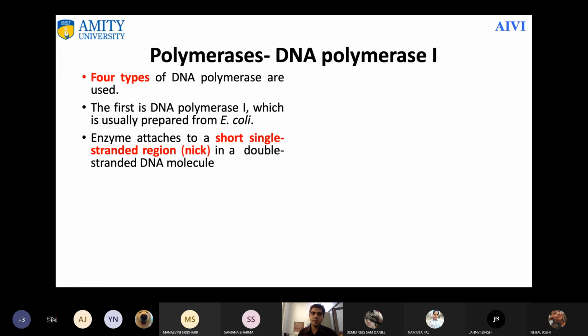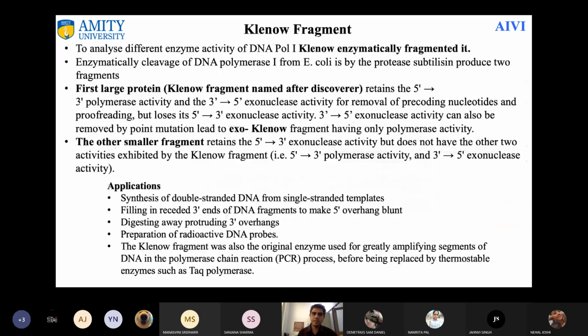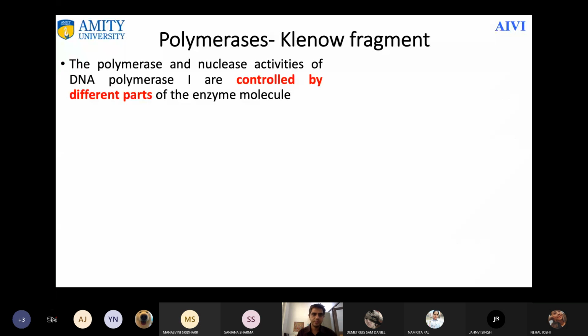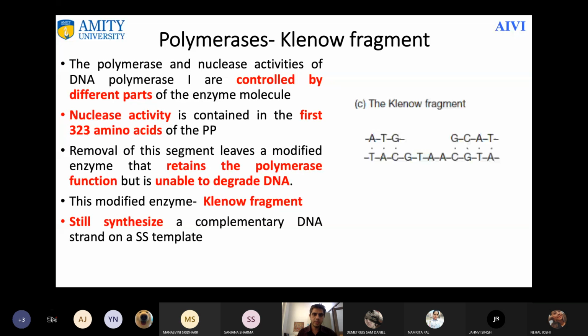Which domain has which type of activity? We treat the enzyme with subtilisin, and the Klenow fragment is named after the scientist who worked on it. So on the name of the scientist we call it the Klenow fragment.